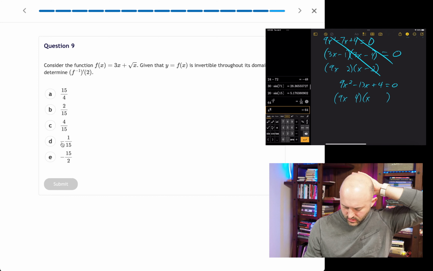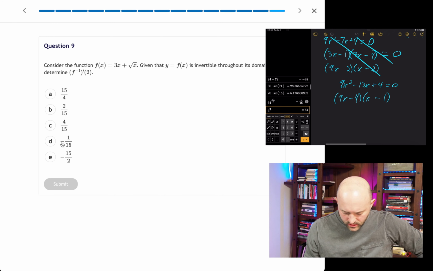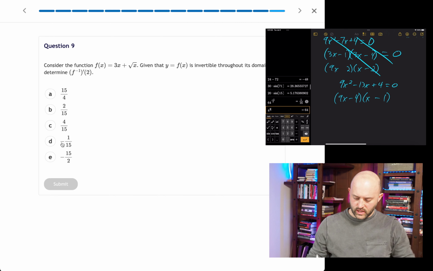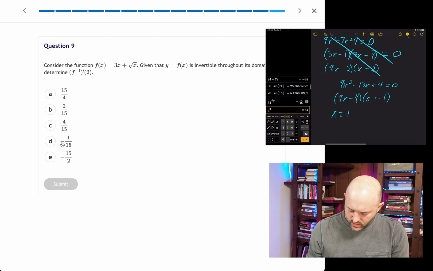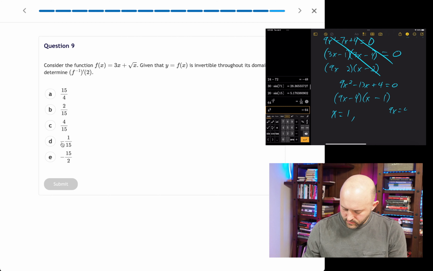The 4 goes here, the 1 goes here. They're both negative because they multiply together, it goes positive. And you double check. 9x squared minus 4 minus 9 is minus 13. Okay. Wow. So x can equal 1, and it can equal 4/9.